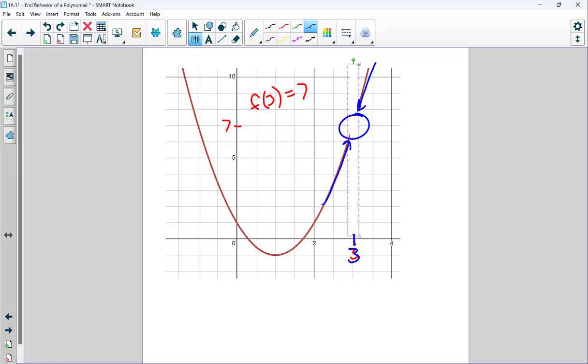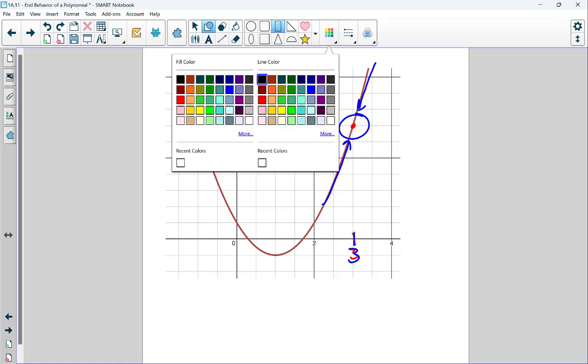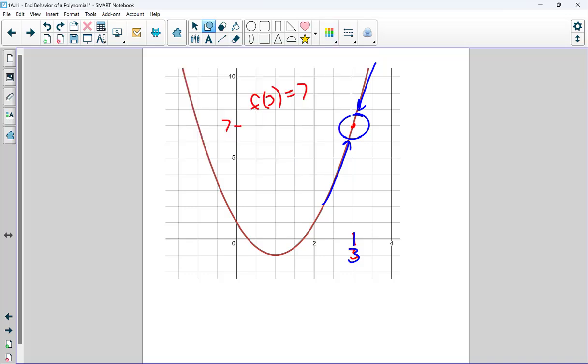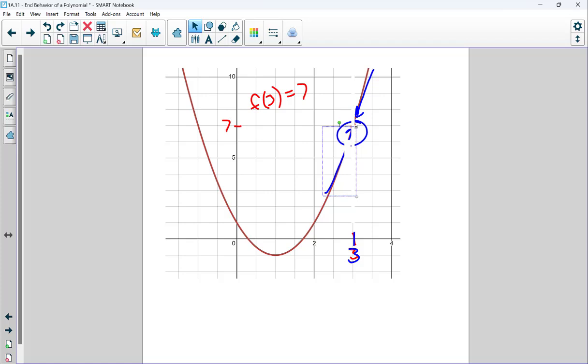Now, the closer I get to the actual value, let's try to get a narrower rectangle. So the closer I get to the actual value, the more accurate my answer is going to be.